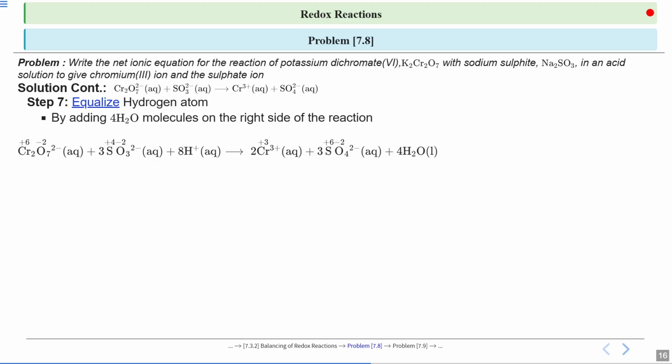This would be Cr2O7 2- plus 3SO3 2- plus 8H+ gives 2Cr3+ plus 3SO4 2- plus 4H2O. All the compounds and ions involved in the reaction are present in the aqueous state except the water, as its state is liquid.